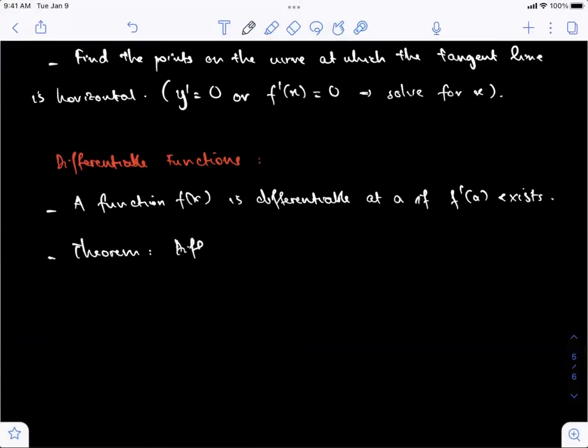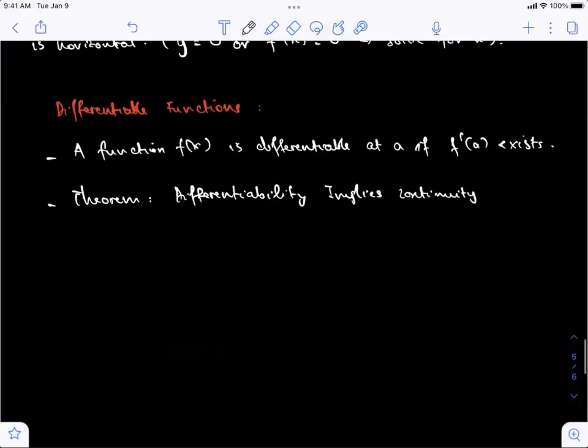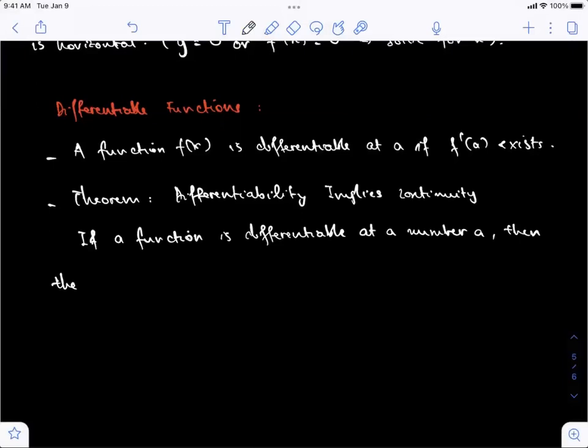So differentiability implies continuity. So if a function is differentiable at a number a, then the function is continuous.